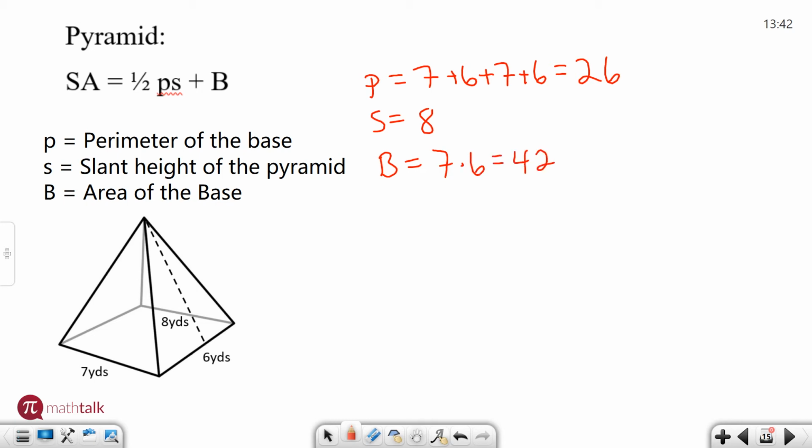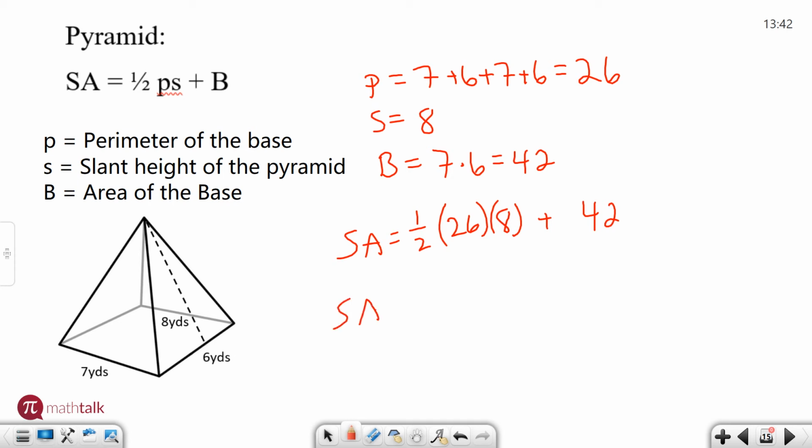So let's take those numbers and plug them into our formula to find the surface area. So 1/2 times P, which we said was 26, times S, which was 8, and then plus capital B, which is 42.